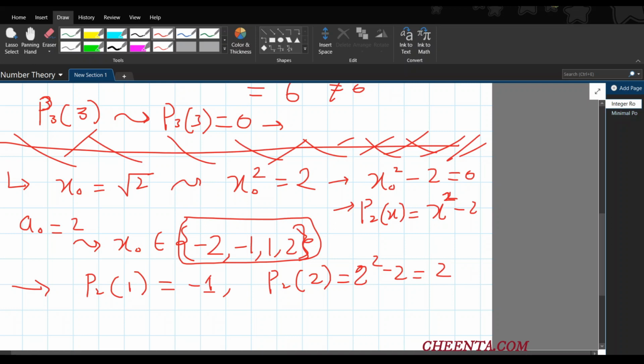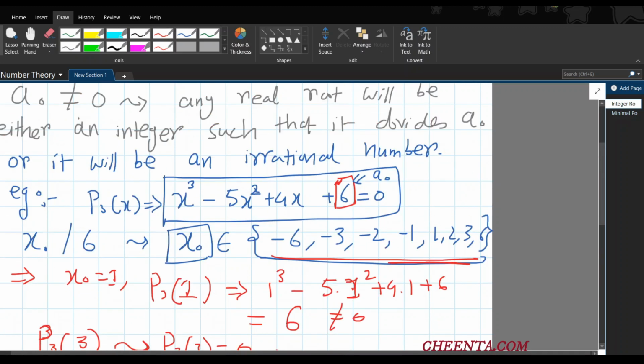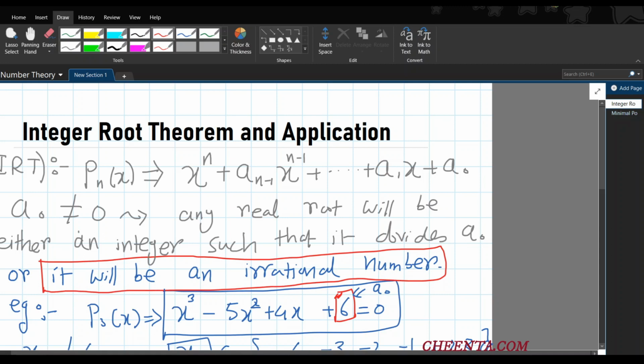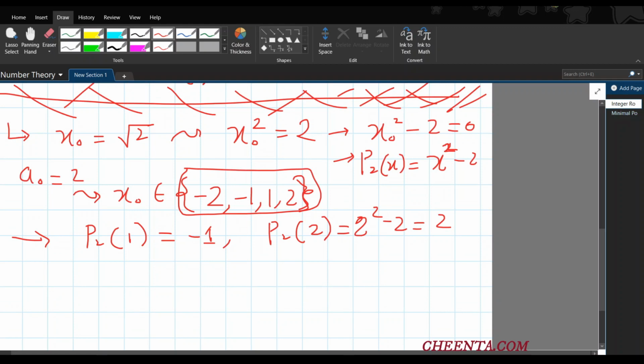That means we don't have any integer solution that is a factor of a_0. Then from the second part of the integer root theorem, we can say that any solution of x squared minus 2 equals 0 is an irrational number, and we know that one solution is the square root of 2. So the square root of 2 is an irrational number.